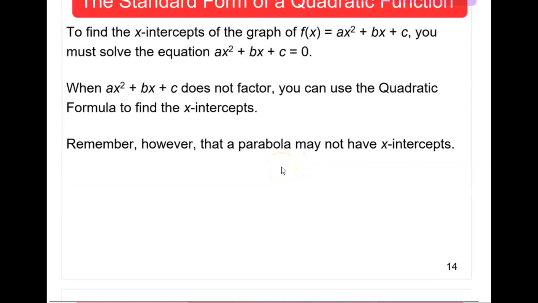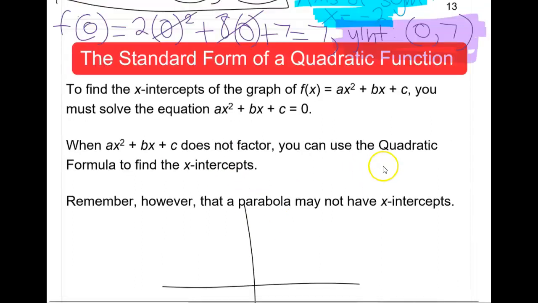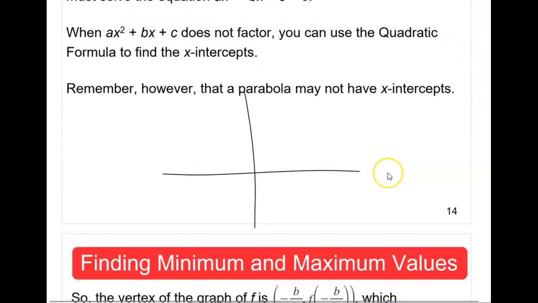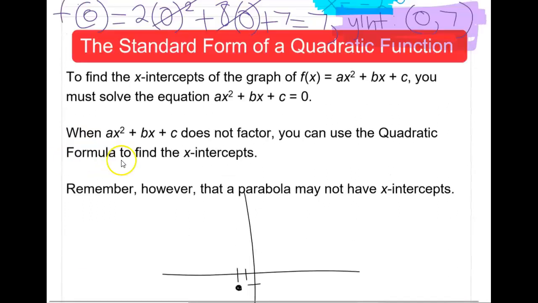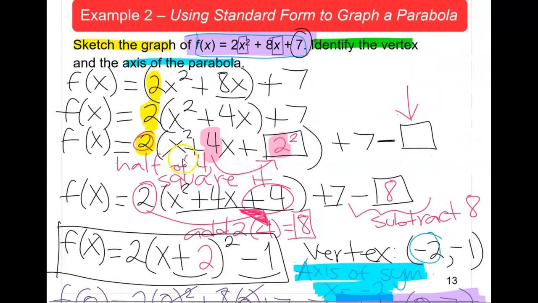All right, so far we have the vertex was at -2, -1. So we could place it there. Also, the leading coefficient of this parabola is a 2, +2. So because a equals 2, which is greater than 0, positive, this is going to be opening upwards.